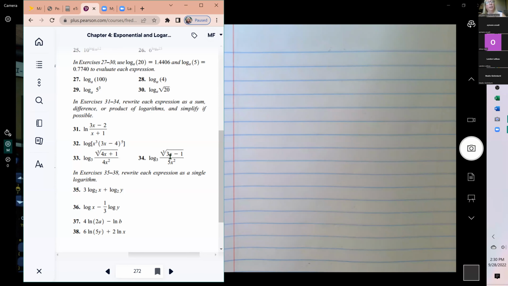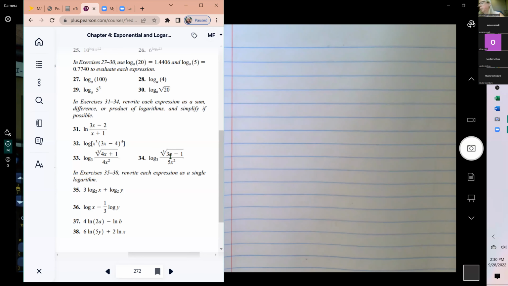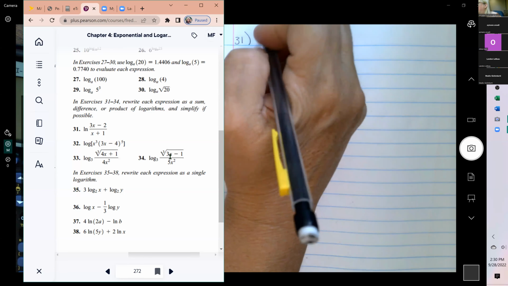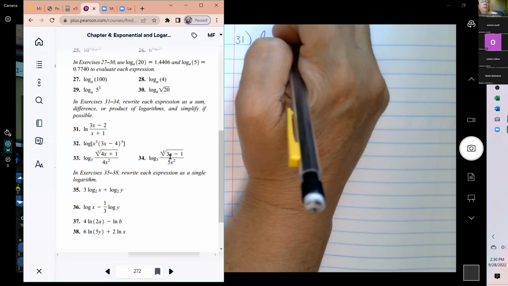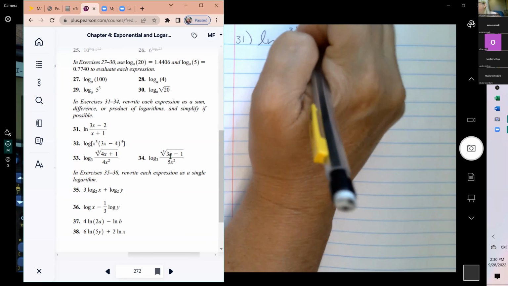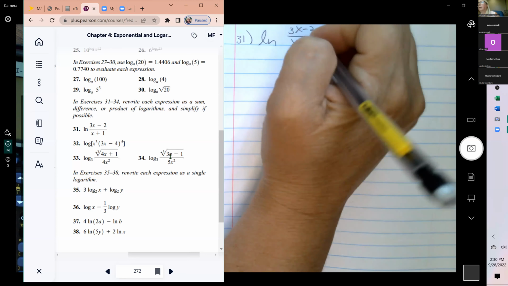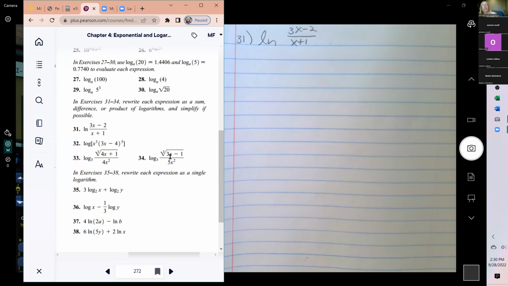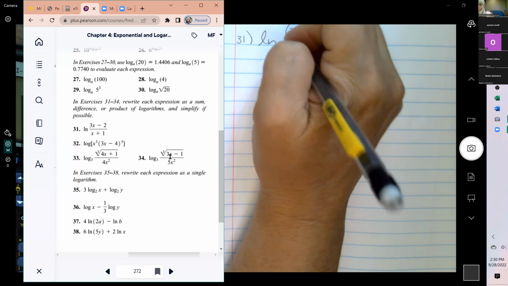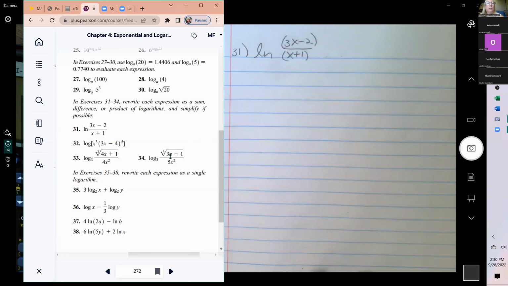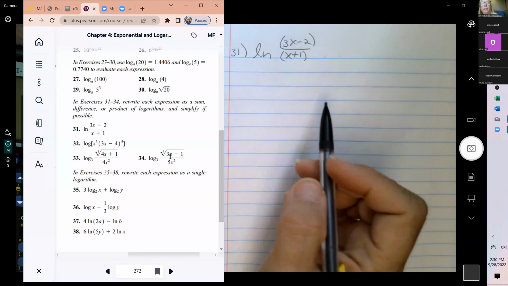Okay, so let's look at number 31. The natural log of 3x minus 2 over x plus 1. These terms have to stay together because they're addition and subtraction.